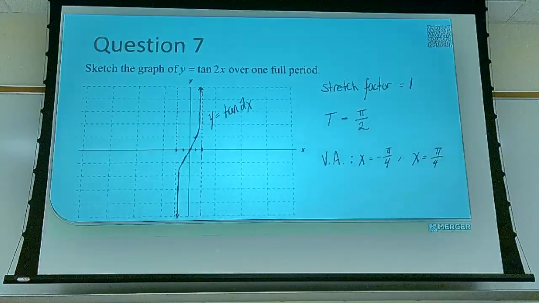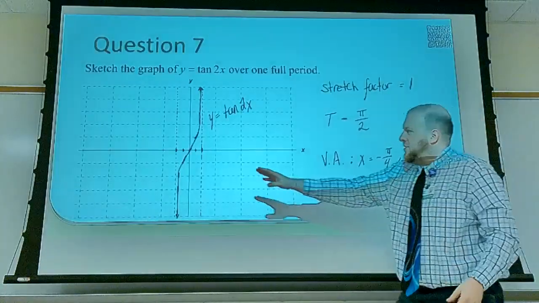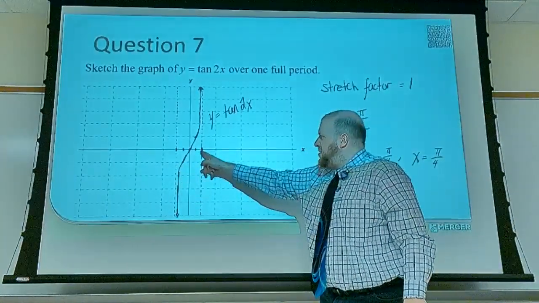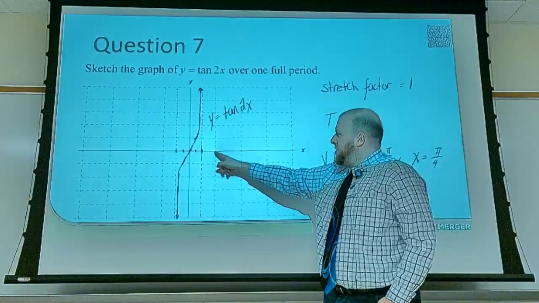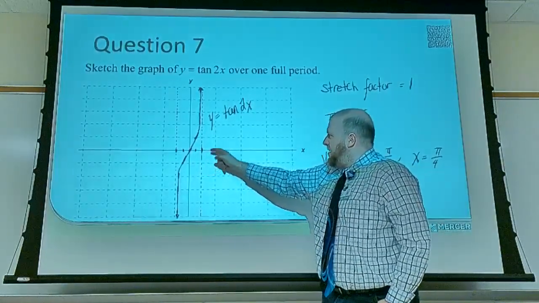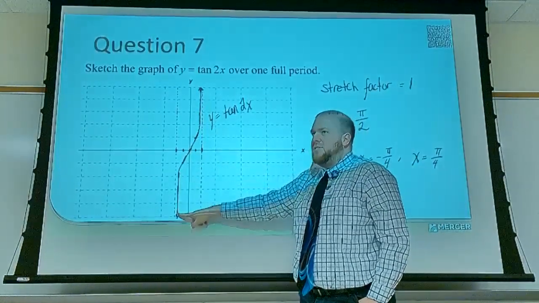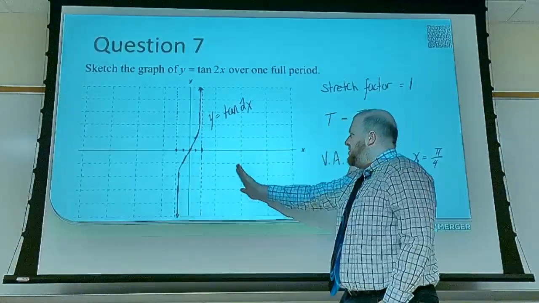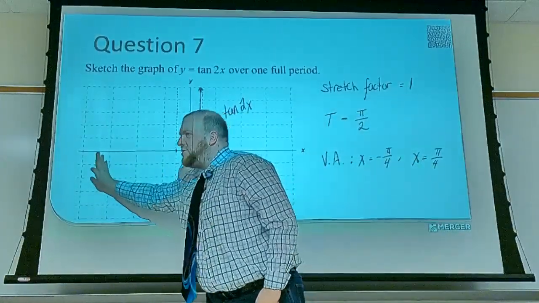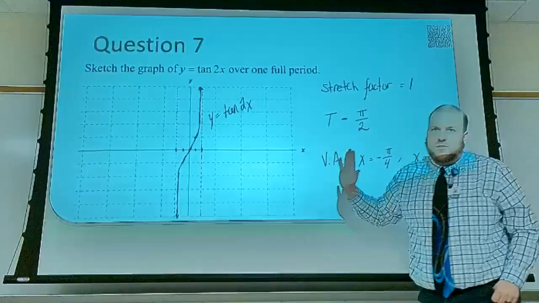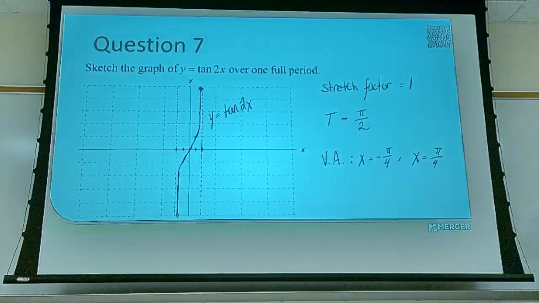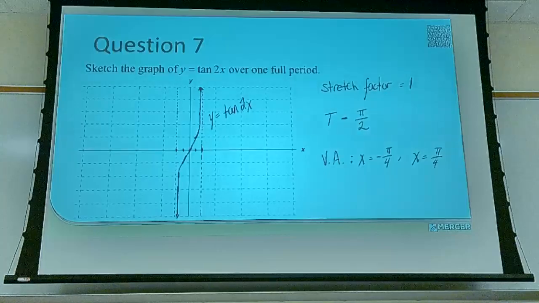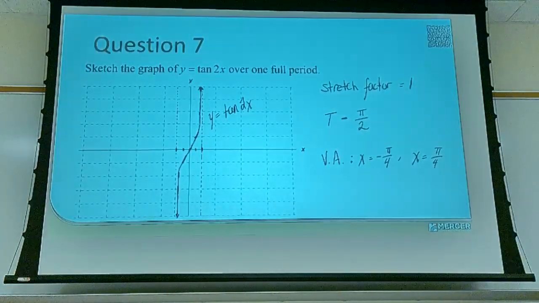And remember, this pattern does repeat, right? So I could extend out to here. Pi over 2 would now be another vertical asymptote, and between these two lines, you'd have this exact shape again. And that would continue on forever in both directions. So if you want a full picture of tangent of 2x, that's what it would be. Which is why generally we just want one full period. If we know what one full period does, we know the whole thing does because it just repeats.